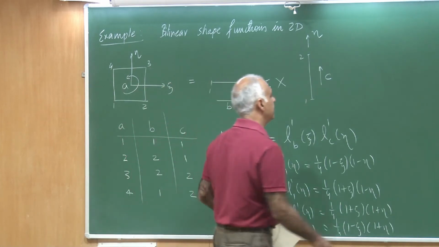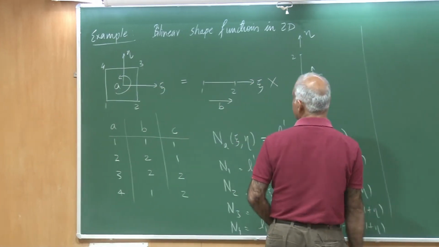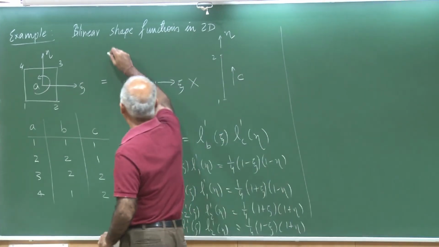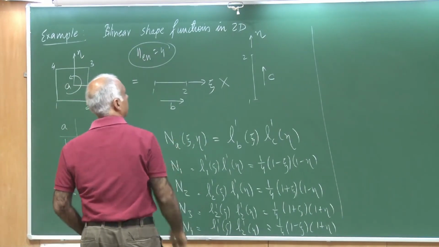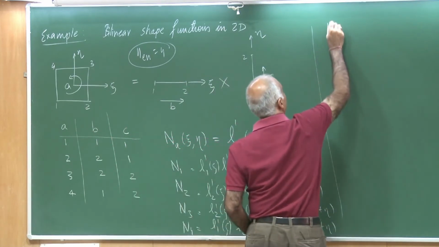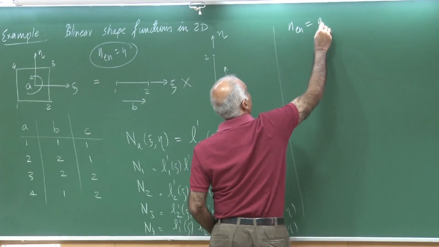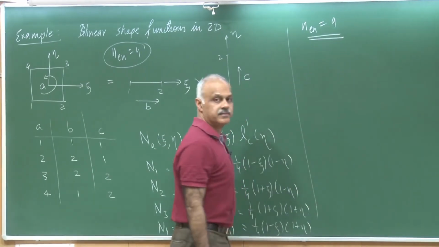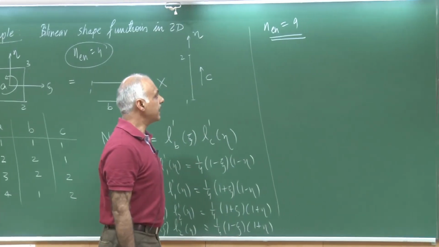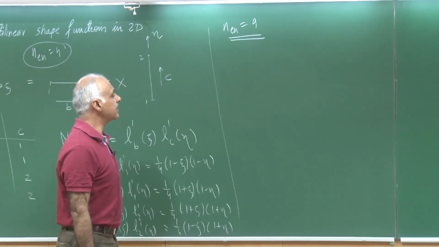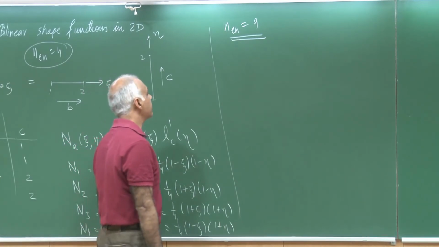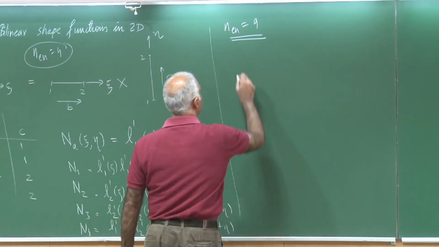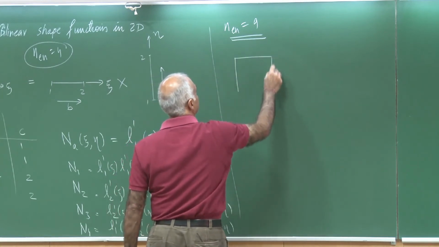How about higher order shape functions? So, this is with NEN equal to 4. I now want to look at NEN equal to 9. So, I want to take second order in xi and second order in eta. So, the proposal is the following.